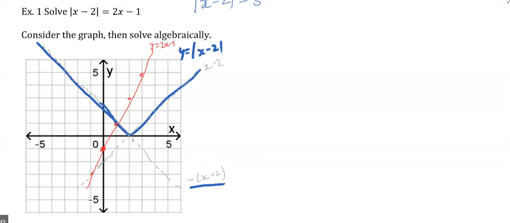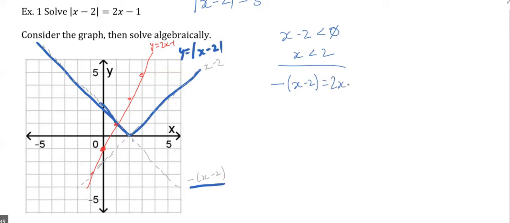Any questions? So this is what we did last week: when x minus 2 is less than 0, which is when x is less than 2, we use the negative of x minus 2 equals 2x minus 1, and we solve this equation.